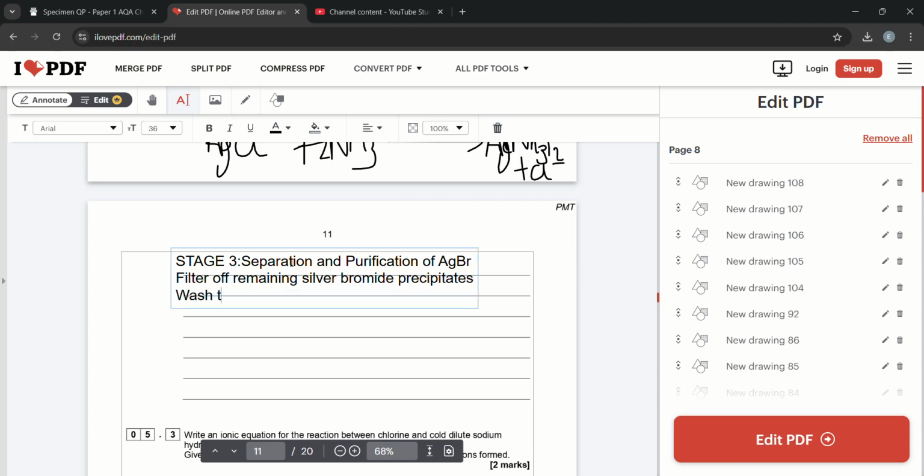We want to wash to remove soluble compounds, and then dry to remove water. So stage 3, separation and purification of silver bromide: filter off the remaining silver bromide precipitate, wash to remove soluble compounds, and dry to remove the water.